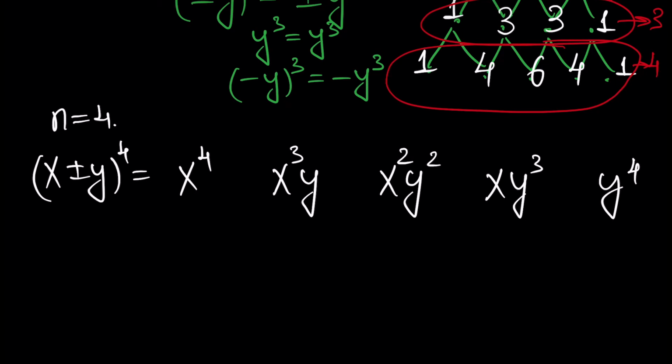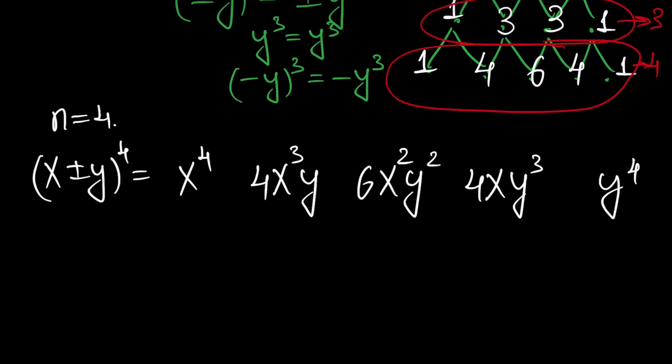Next, we use these coefficients. And these coefficients are 1, 4, 6, 4, 1. So we have here 1, 4, 6, 4, 1. And we do not write number 1. Next, we have to write the signs plus or plus minus.